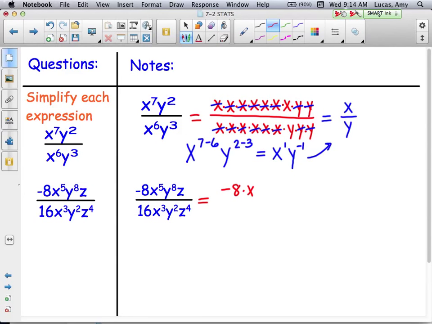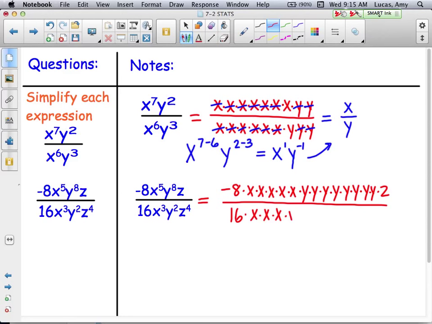The next example, negative 8 x to the 5th, y to the 8th, z, and then we've got 16 x to the 3rd, y squared, z to the 4th. If I reduce the fraction, negative 8 over 16, 8 goes into 8 once and into 16 twice, so I would get negative 1 over 2.